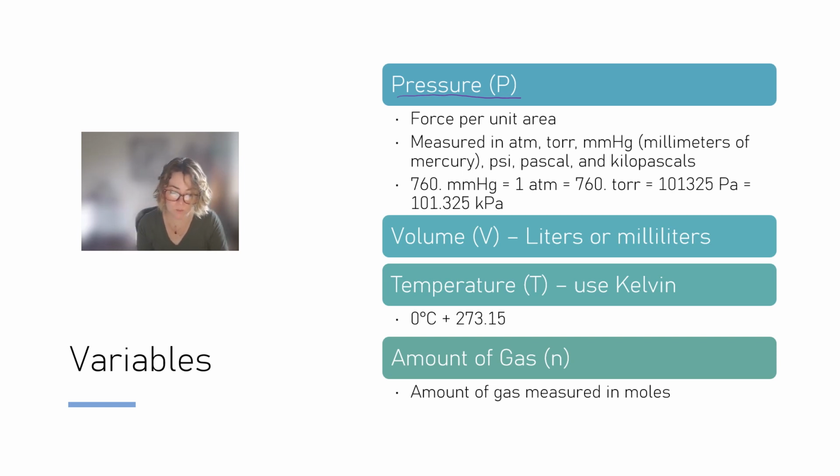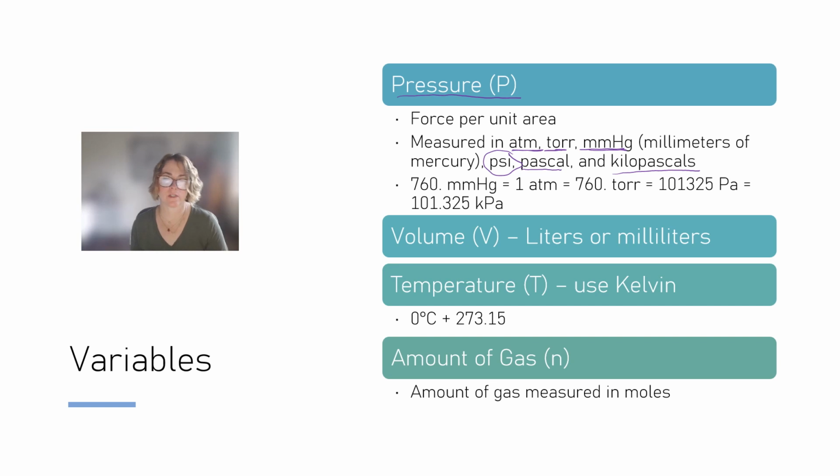The units that we use for measuring pressure are atm, which is short for atmospheres. We have torr, millimeters of mercury. If you've ever put air in your tires, you measure this in terms of PSI, pounds per square inch. And then the last two are pascals and kilopascals.